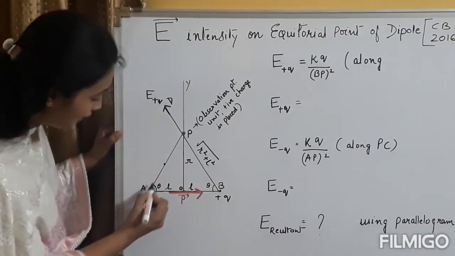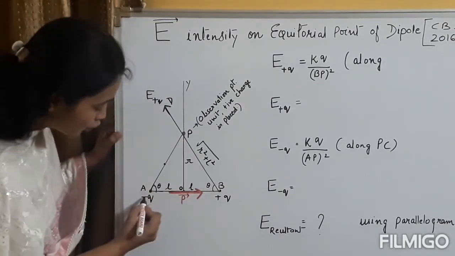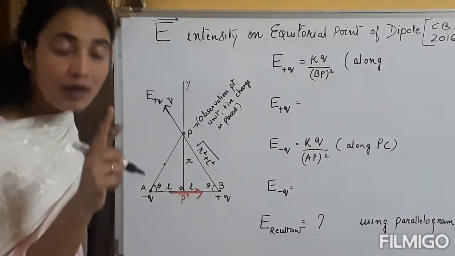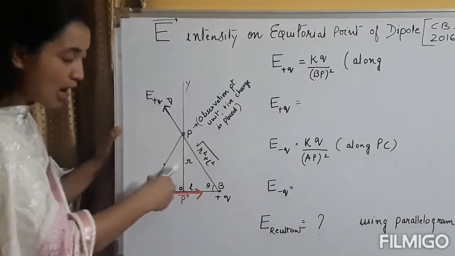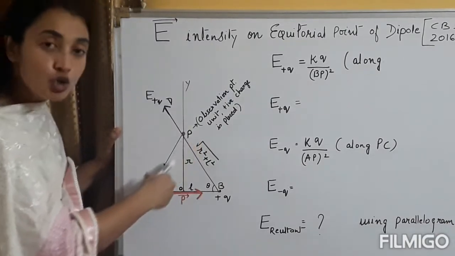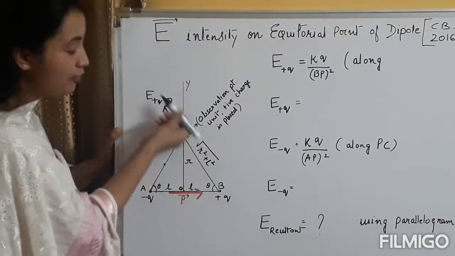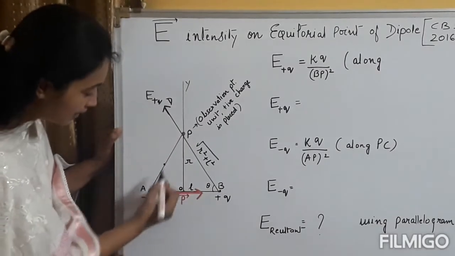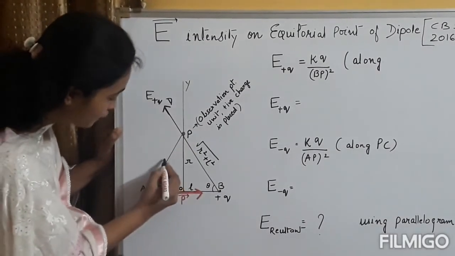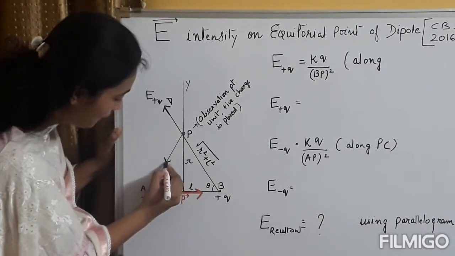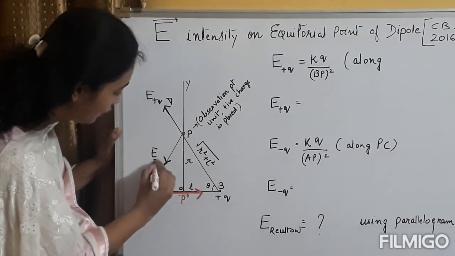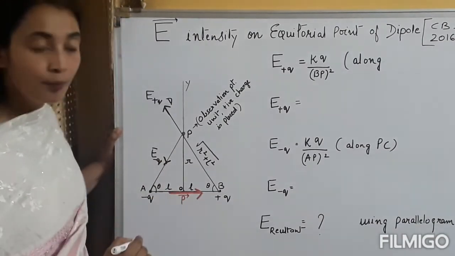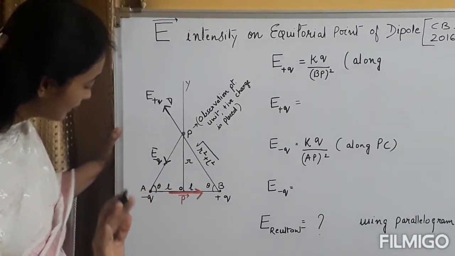Similarly, electric field at the point P due to minus Q charge. And you very well know that the field lines are towards the negative charge and they are away from positive charge. So this is a negative charge, field lines will be towards the negative charge, it is minus Q. I put an arrow towards minus Q. And here this is the electric field due to minus Q. I hope you are getting the things.